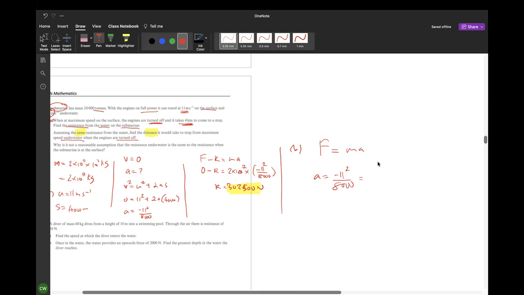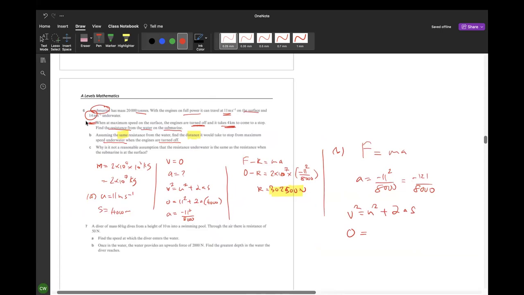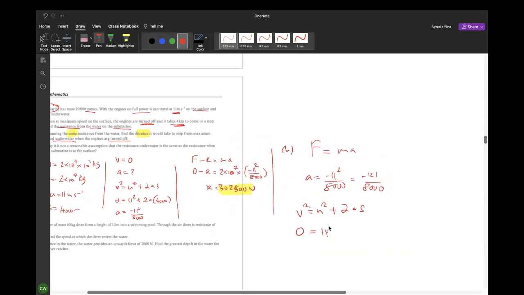A is still the same number, and this number is 121 over 8,000. Find the distance. V squared = U squared + 2AS. Final speed is still 0. Under the water, the speed is faster.